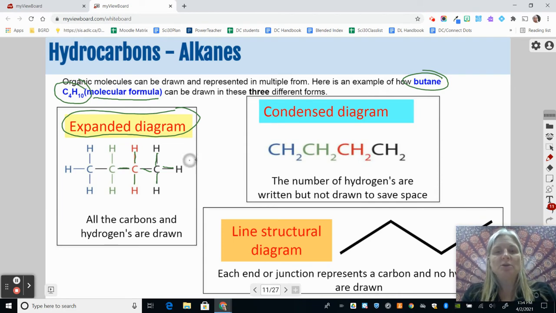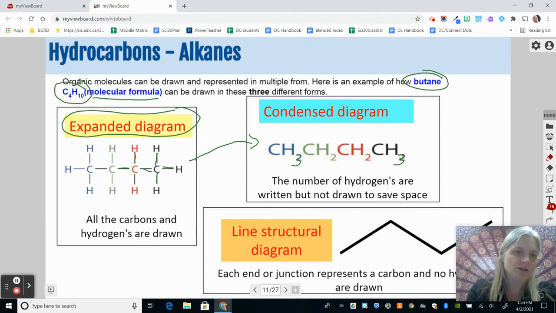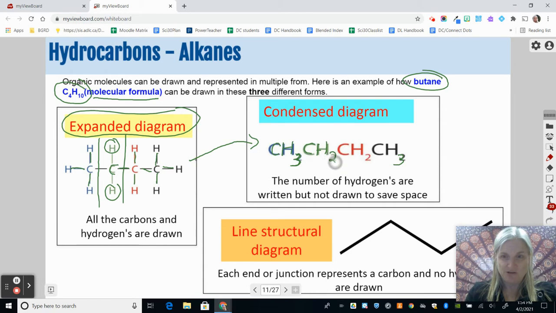Then you can take the same butane formula and represent it in the condensed diagram. These should be 3s. So you'll see this first carbon, and they're color-coded here too. This first carbon has 1, 2, 3 hydrogens on it. The second carbon, represented by green here, has 2 hydrogens attached to it. So you draw the carbon, you have your 2 hydrogens.